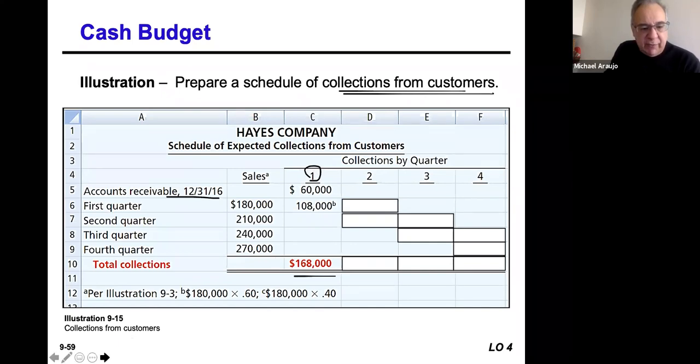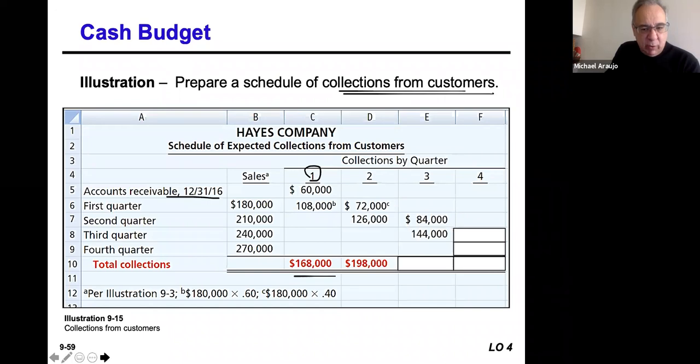For the second quarter, you're going to collect the other part of those first quarter sales and 60% of the second quarter sales. And this is how you do it, quarter to quarter to quarter. So this is the amount of cash that's coming in from customers.